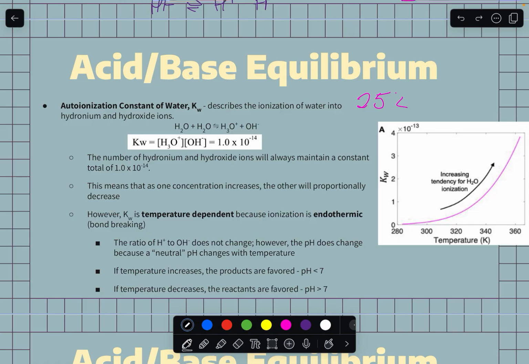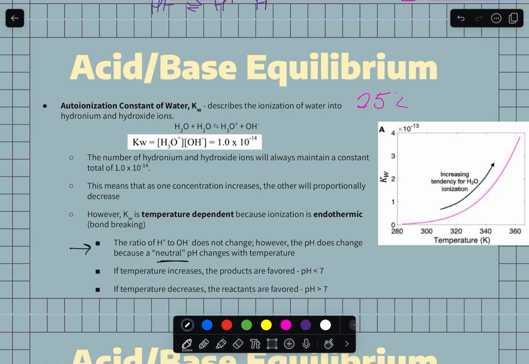Kw is temperature dependent though, because it is an endothermic process to break the bonds. Remember we said Ks can be influenced by the temperature. What happens though is your ratio of H plus to OH minus is not changing, right? Because H2O still goes into H3O plus and OH minus. What does happen is what's considered neutral changes.